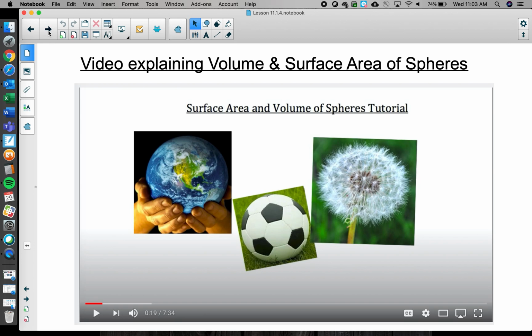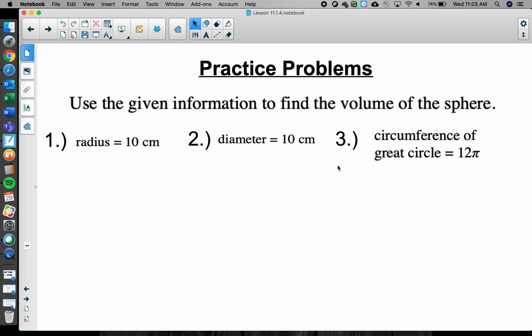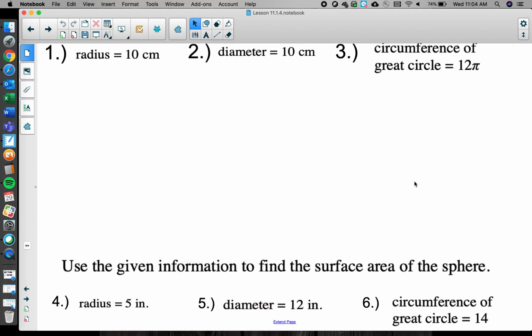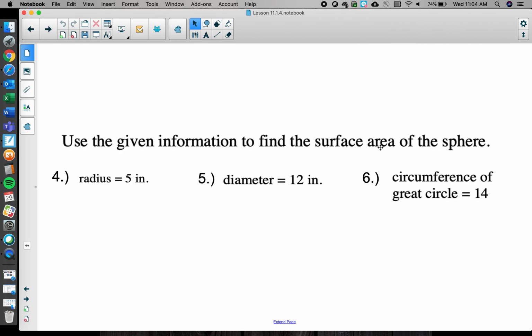That's where that comes into play. So circumference of the great circle is actually going to lead you to find the radius of the sphere. Same idea down here when you get to the 4, 5, and 6. Only difference is now you're finding surface area instead of volume. Again, you're going to need the radius in all 3 parts.